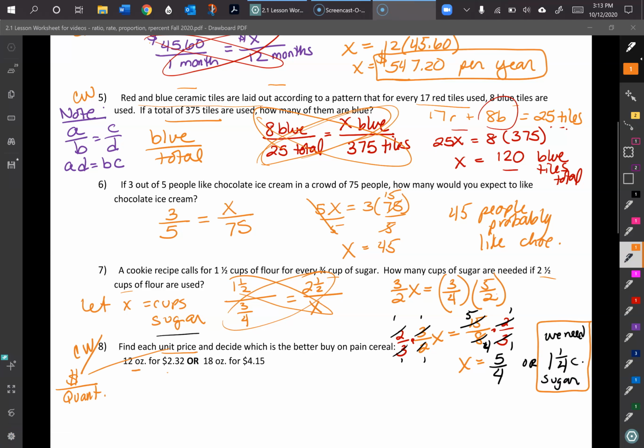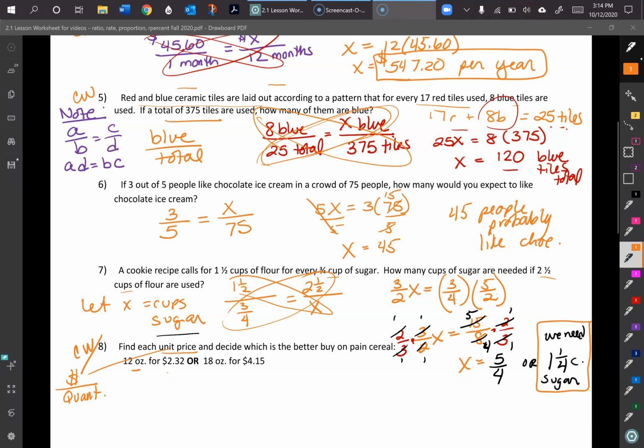Okay, so for number 8, I'm going to leave that for you to do as classwork, but I'm going to give you this hint here. For unit price, you want dollar over quantity, because in the store, we're usually saying how much is it per 1 unit, not how many units do I get for $1?